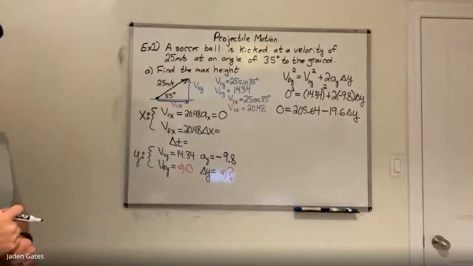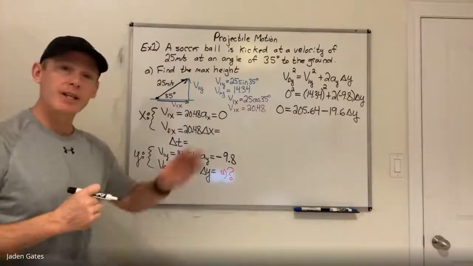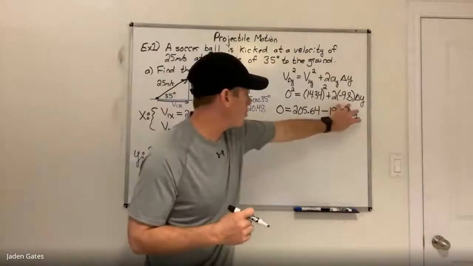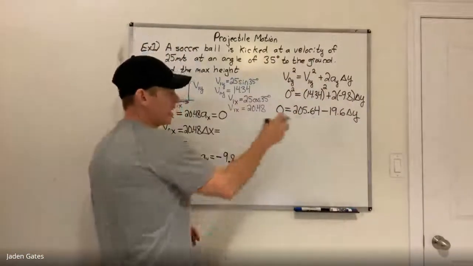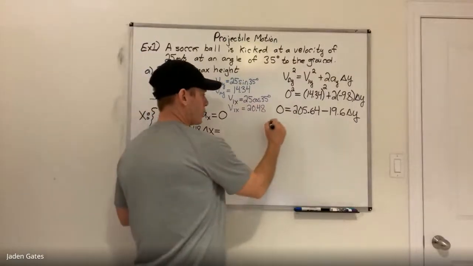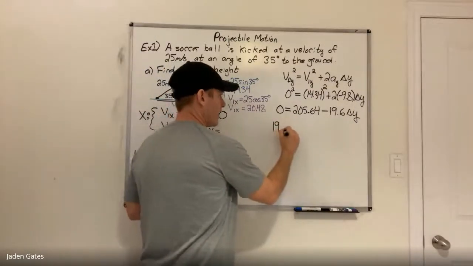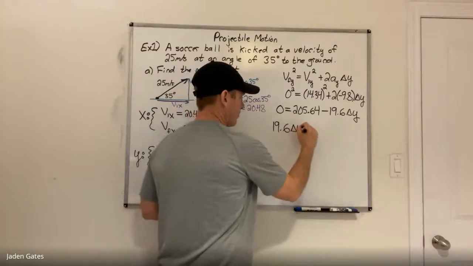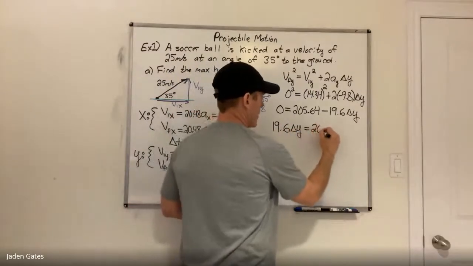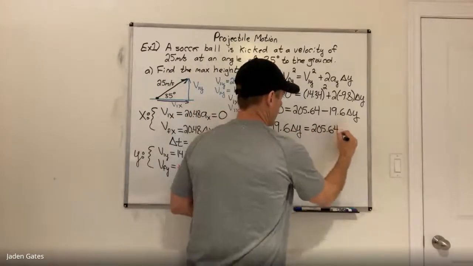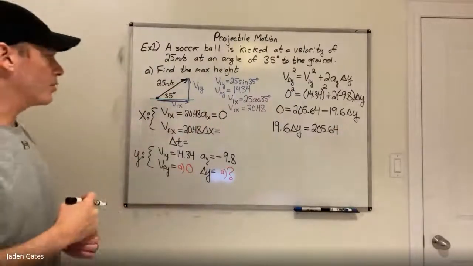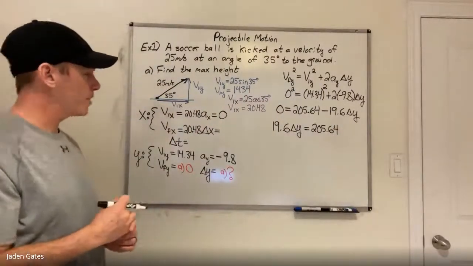Again, just simplifying my equation, getting delta y by itself, I'm going to move this term over to the other side, the negative 19.6 delta y. When it changes sides, it changes sign. So we have 19.6 delta y is equal to 205.64.